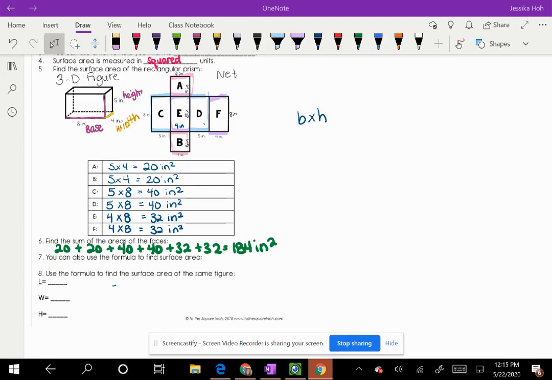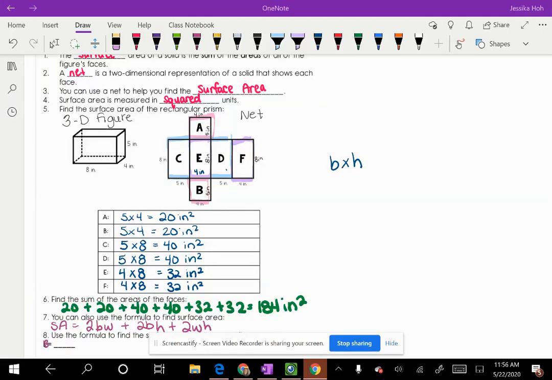Our formula to find the surface area of a rectangular prism would be 2 times base times width plus 2 times base times height plus 2 times width times height. Looking at our 3D figure above, our base would be 8. Remember, our base and our height are met by that perpendicular line, and our height would be 5.